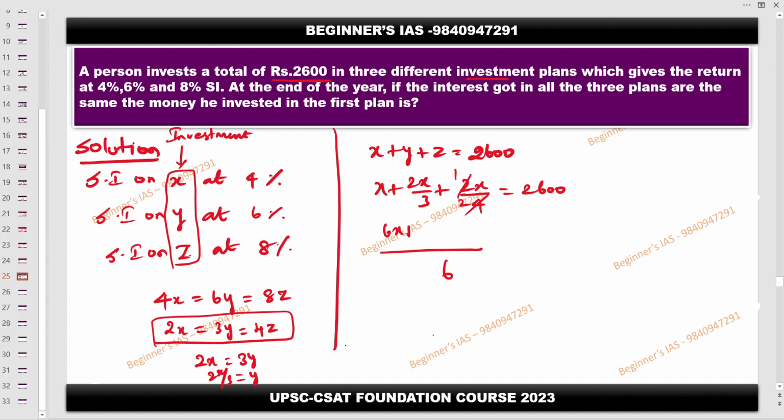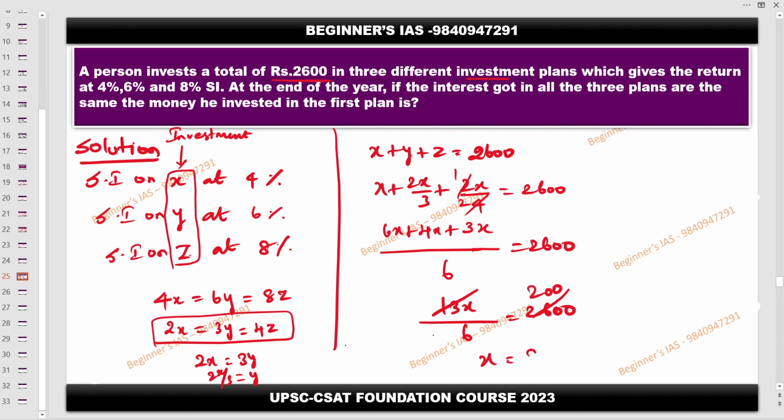Then here 6x, here we have to multiply by 2, therefore 4x. Here we have to multiply by 3 in order to get 6 in the denominator, so correspondingly multiply the numerator by the same. So then 13x by 6 is equal to 2600. Then this cancels 2 times, then 200.